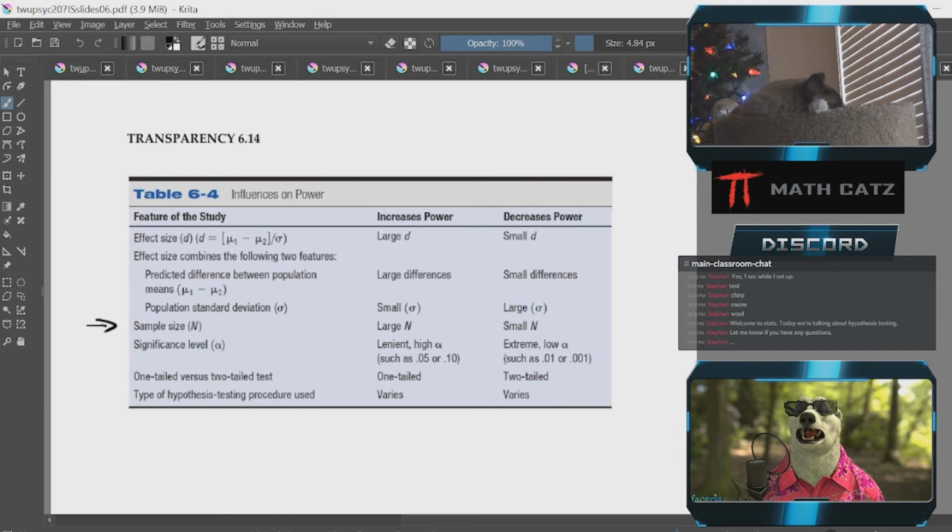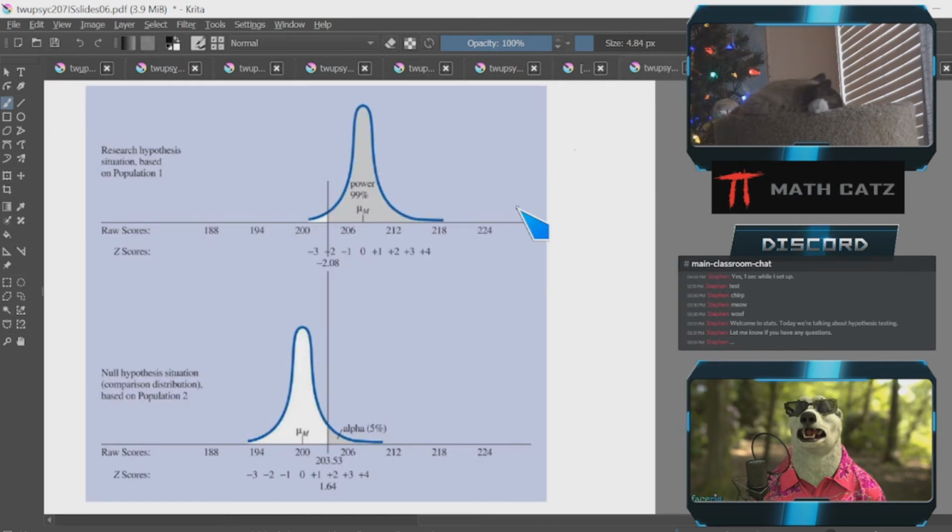With that picture in mind, there's a surefire way to increase the power and therefore decrease the probability of a type 2 error.